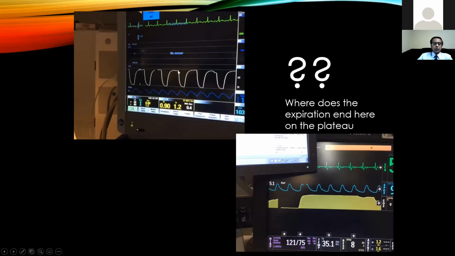We assume that the expiration ended somewhere here with the entitled CO2, and this is the inspiratory phase here. Whereas in this capnogram, where is the entitled CO2, or where did expiration end? And this is going to be very difficult to find out on a time capnogram.